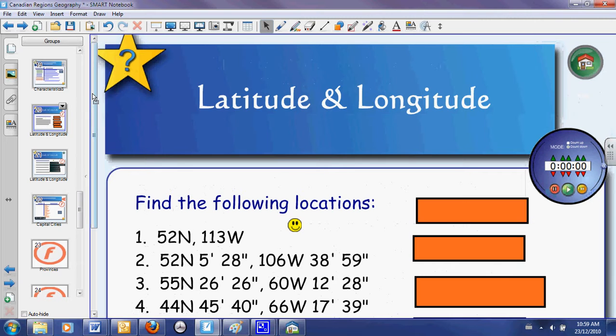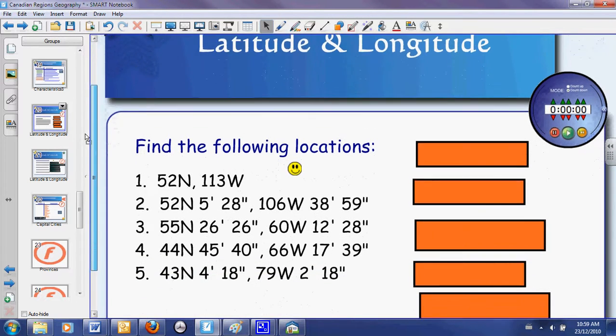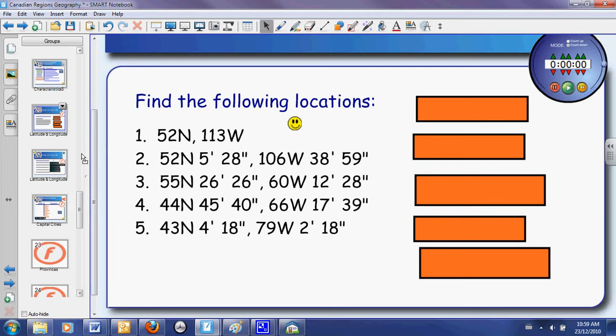The next question is going to talk about latitude and longitude. So I've given you some coordinates. You need to identify using an atlas what location these describe.